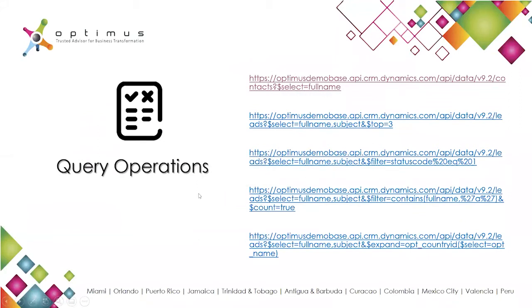My suggestion is to try to understand and try to do many different exercises at the beginning to understand the structure and how it works, because sometimes it could be tricky. Okay, so then we are going to be reviewing how to do create and update operations.